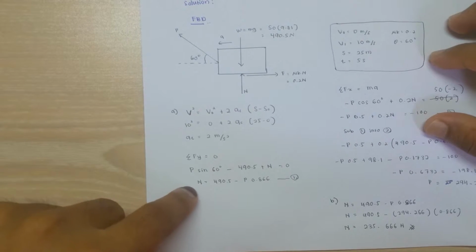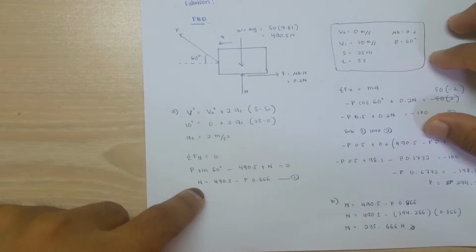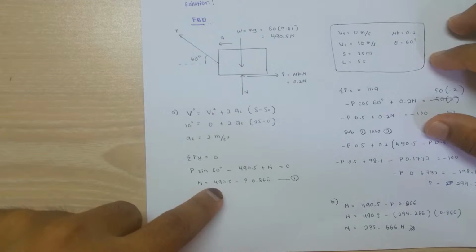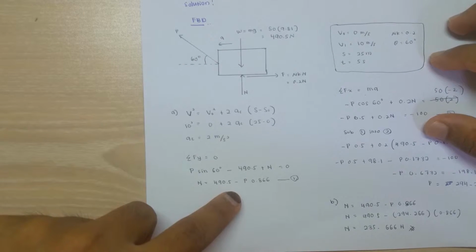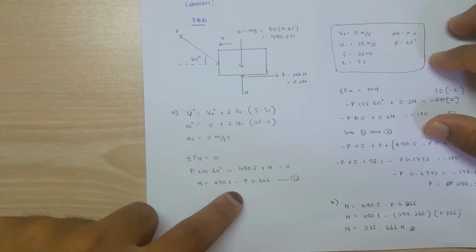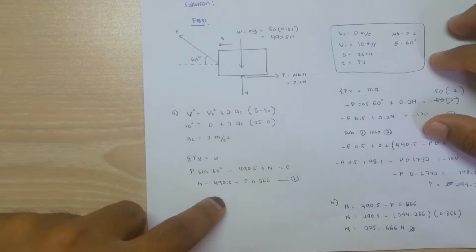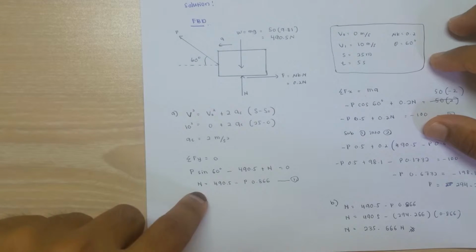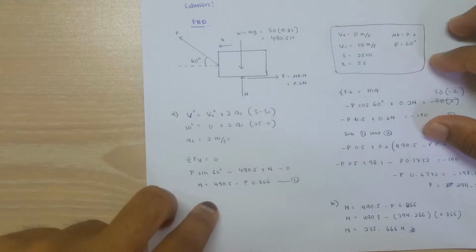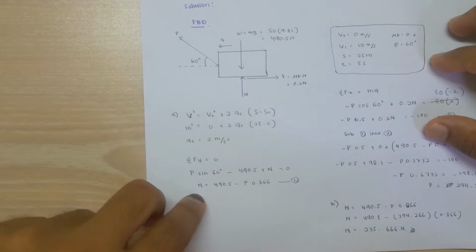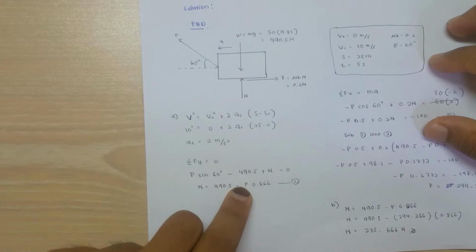So we get N is equal to 490.5 minus P times 0.866. We have two unknowns, so I make this equation 1.